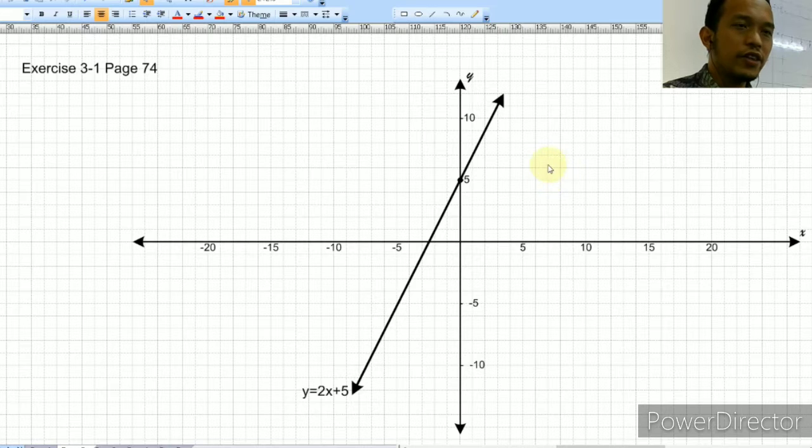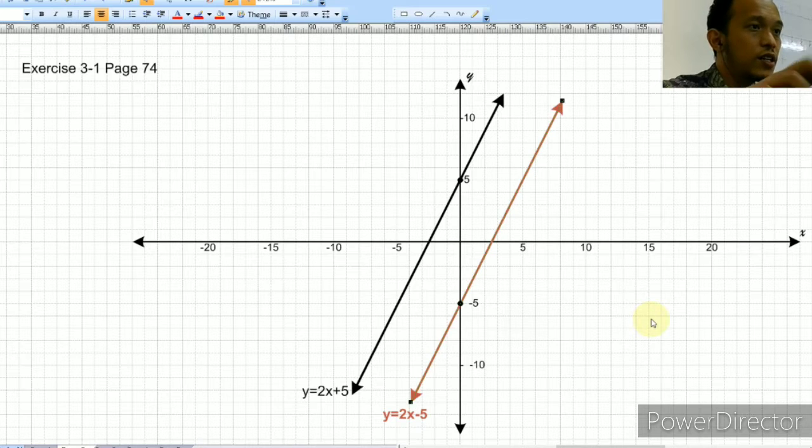Let me show you another interesting pattern about linear functions. Take the first line, whose equation is y equals 2x plus 5, and another equation, y equals 2x minus 5. There is a difference there. The line will be like this, since the intersection will be negative 5, which I will explain later.